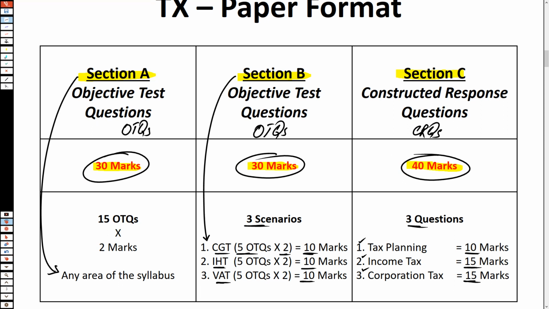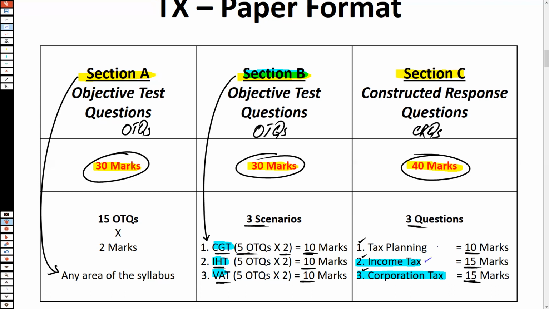Let me guide you on another thing. As I have marked, section B areas are defined. In section C, there would be 3 questions and 2 areas are specified. Basically, in section C, 1 question is asked on taxation of an individual person, meaning income tax.